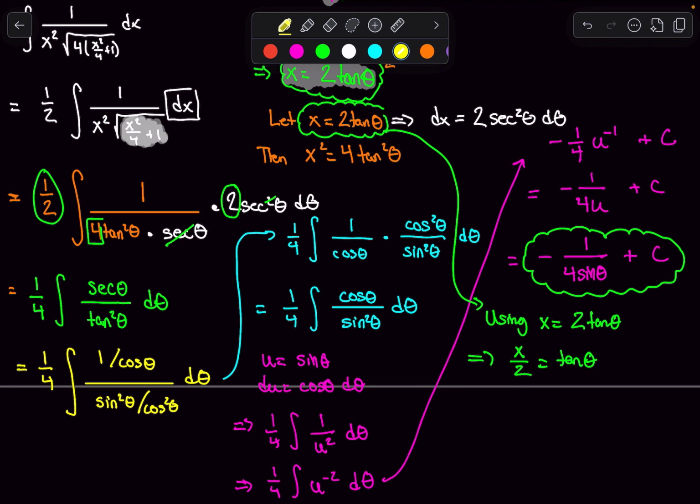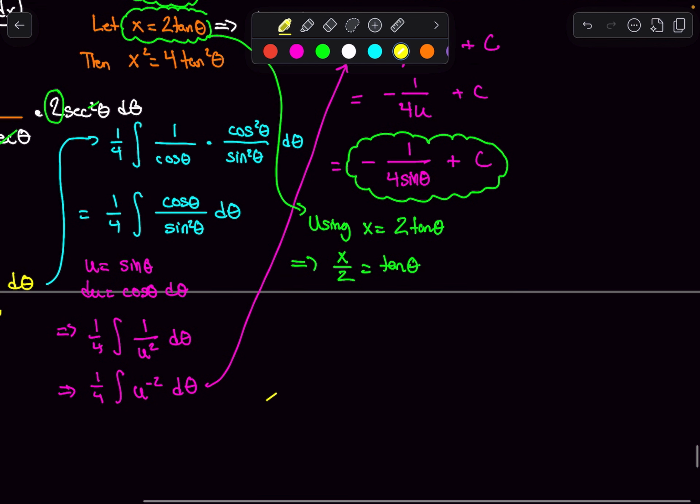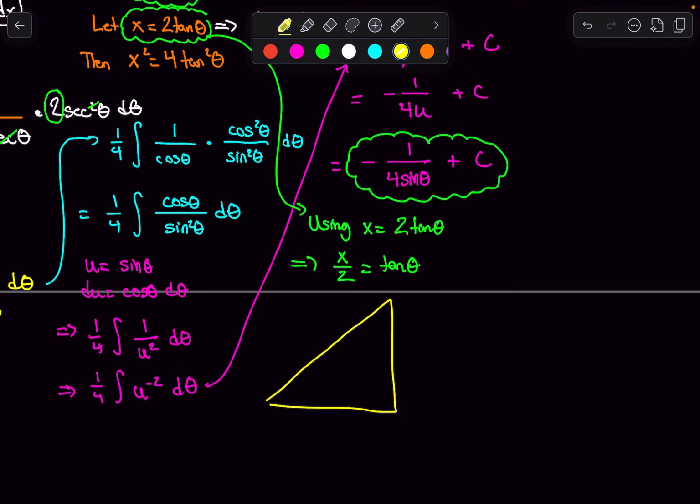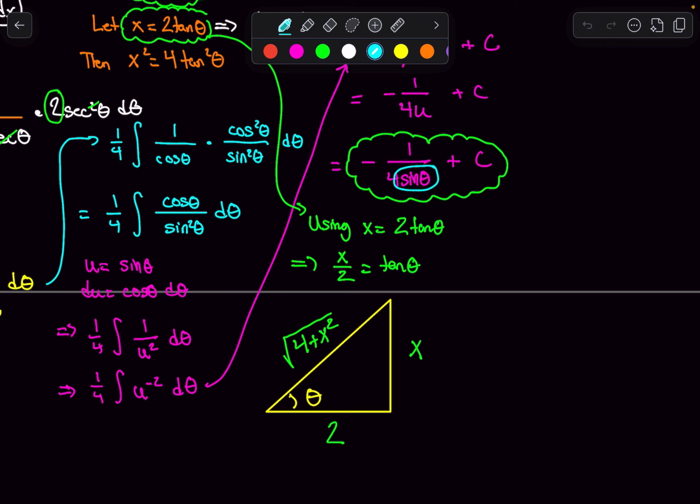Again, I could build myself this little triangle that has an angle of theta in it. Tangent, which is opposite over adjacent, is equal to x over 2. That would make my hypotenuse the square root of 4 plus x squared. Why do I care about that? Because my goal is to get sine theta in terms of x.